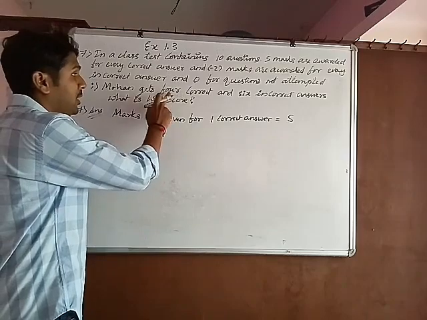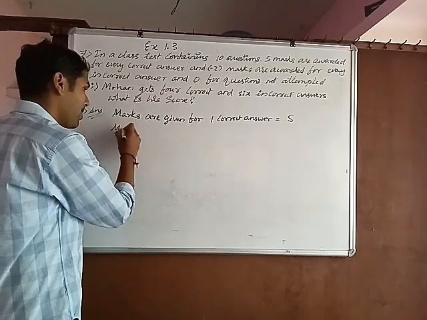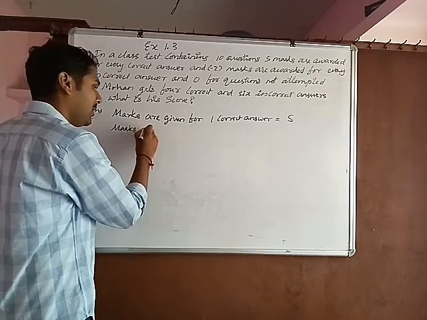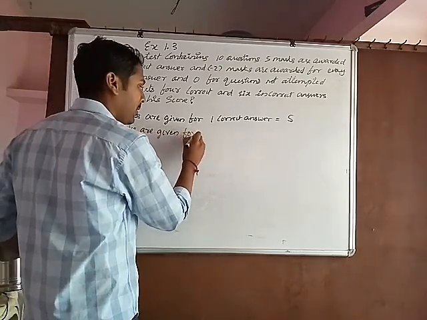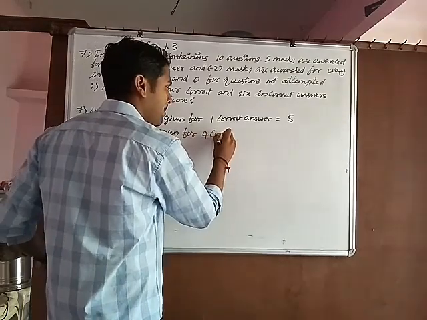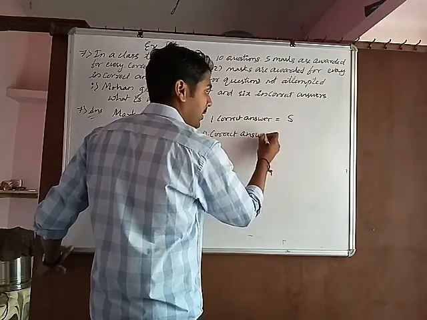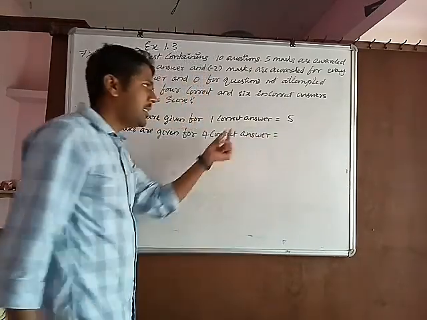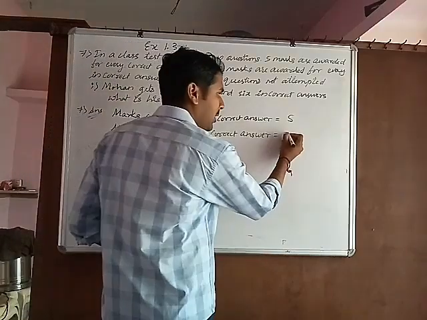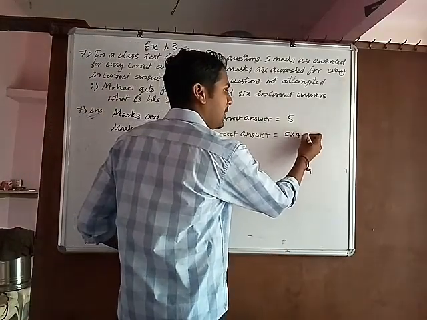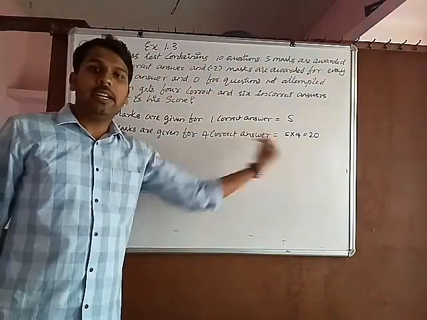Okay, total how many correct answers? 4 correct, no Mohan. So marks given for 4 correct answers: for 1 correct answer 5 marks, for 4 correct answers, just multiply 5 into 4. What will we get as the answer? 20 marks, no? Total 20 marks for correct answers.